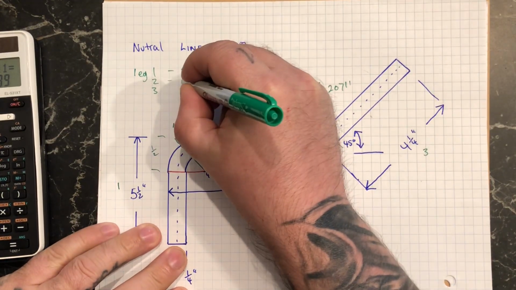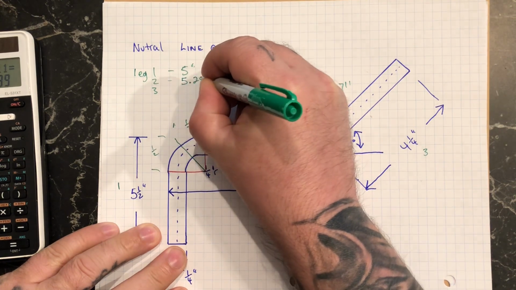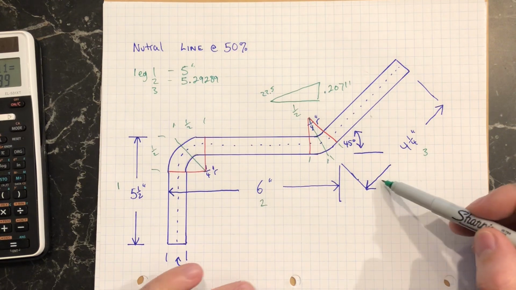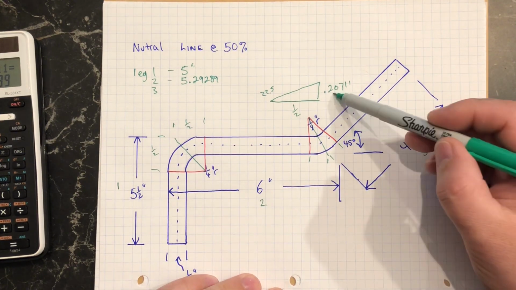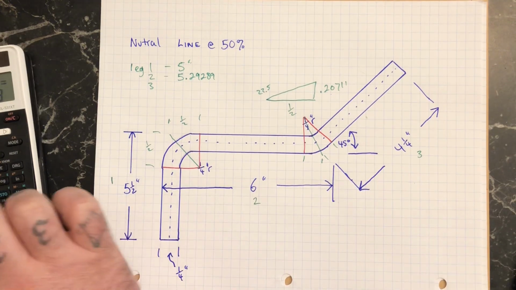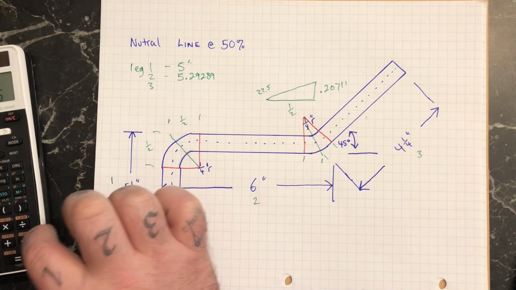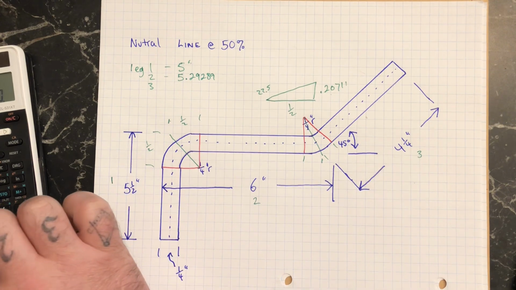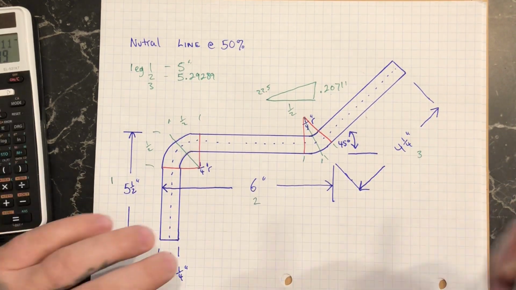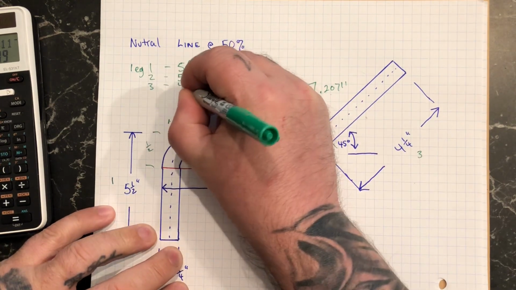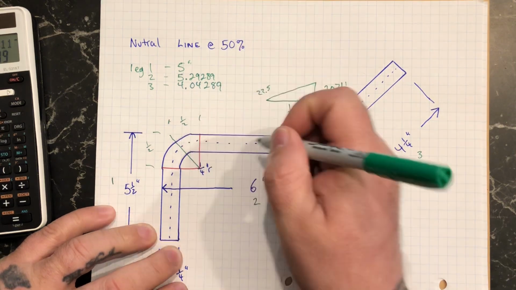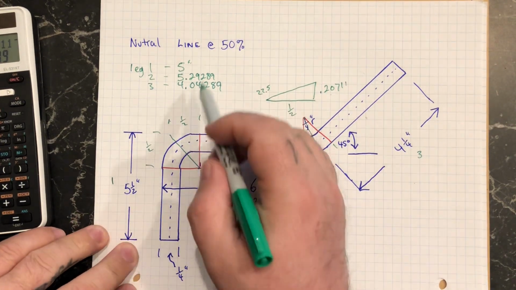So leg number two now is 5.29289. And then finally, our last leg here, we're going to also subtract this setback off of this length. So 4.25 minus 0.20711 leaves us with 4.04289. So those are going to be the new leg lengths.